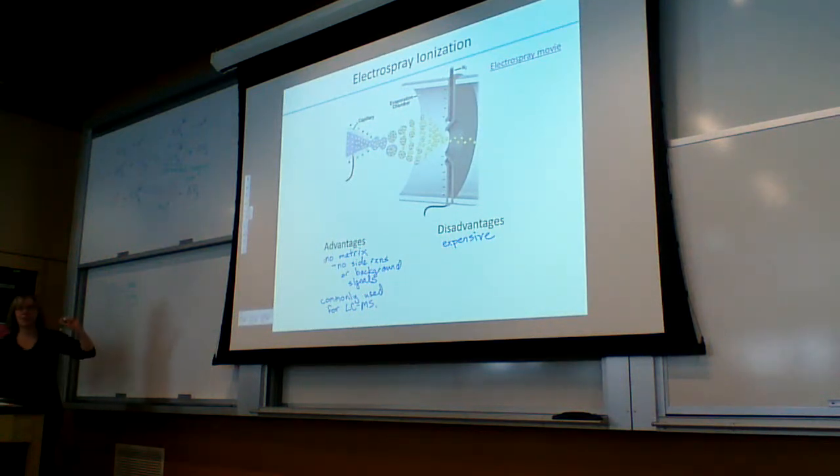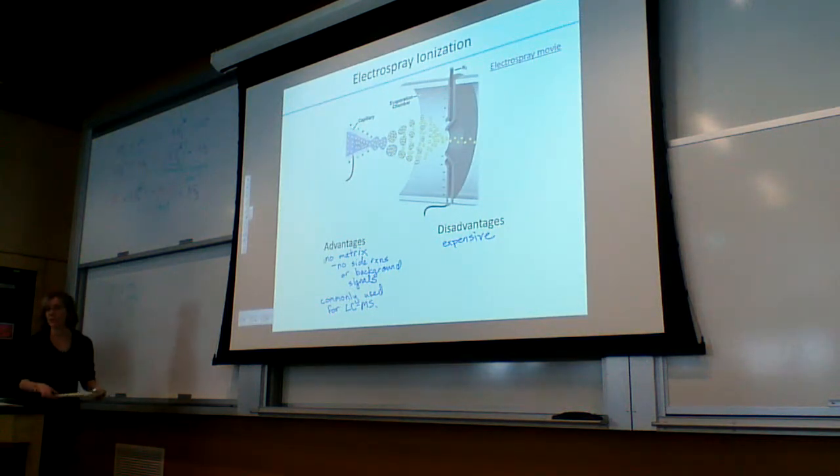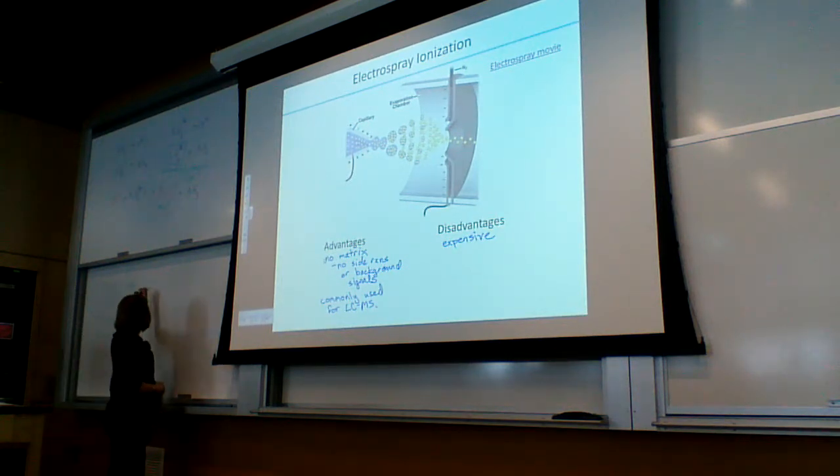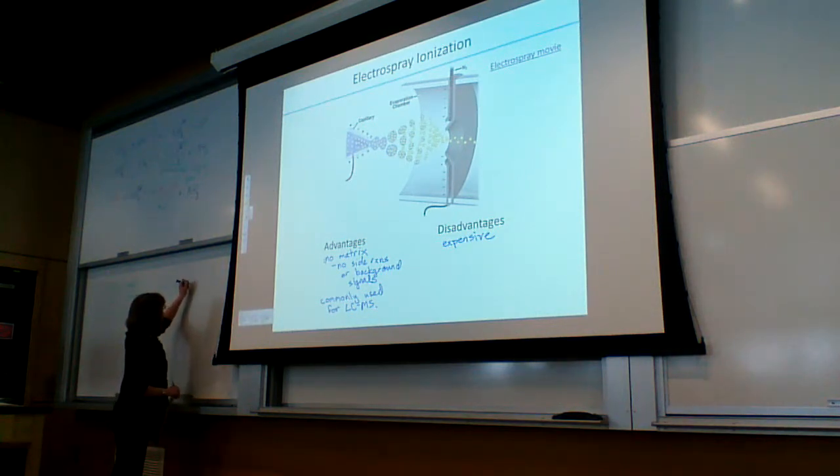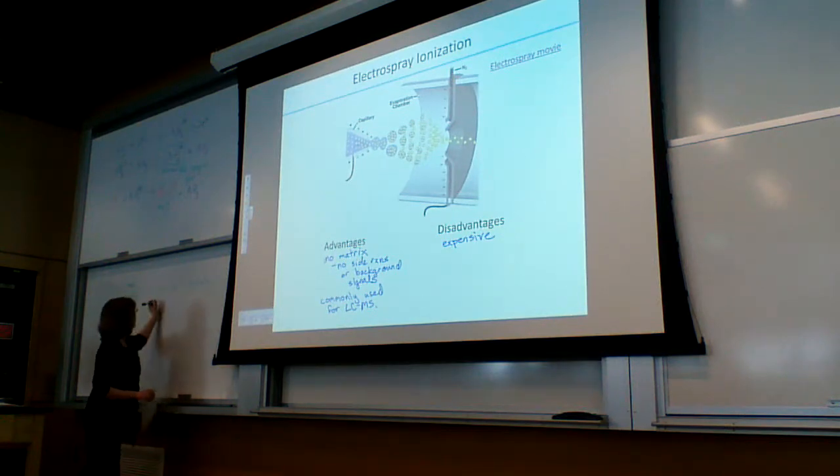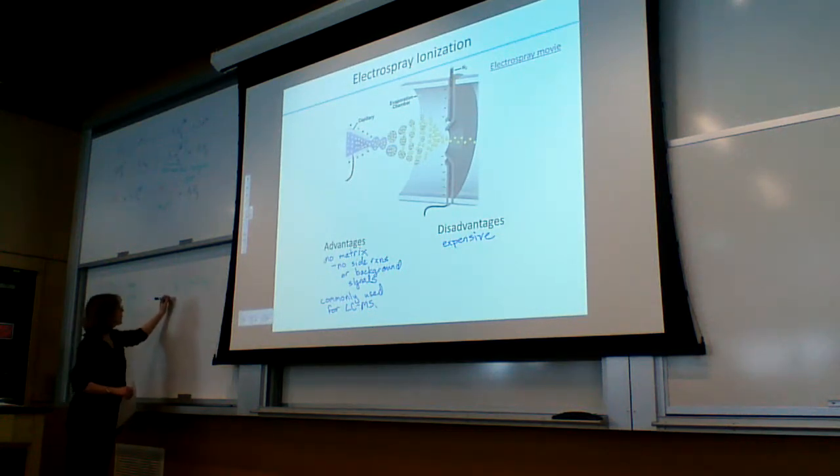In electrospray ionization, that may not be the case, especially when you have large things like proteins that you're trying to put onto the system. You're going to get multiply charged ions.